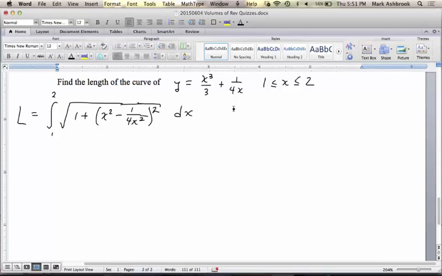So we're going to expand this and try to get something we can do, okay? So we're going to have 1 plus x to the 4th minus 1/2 plus 1/16 over x to the 4th.